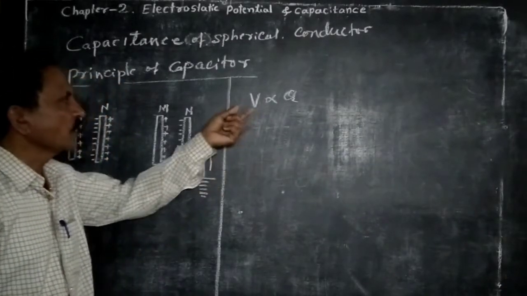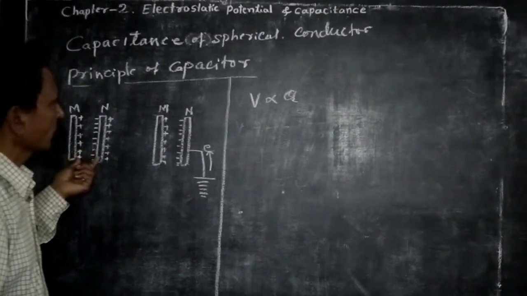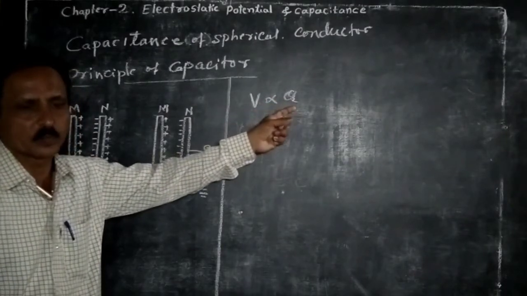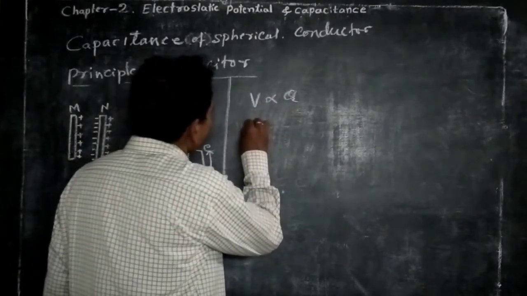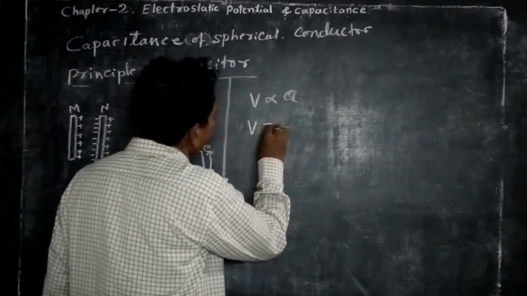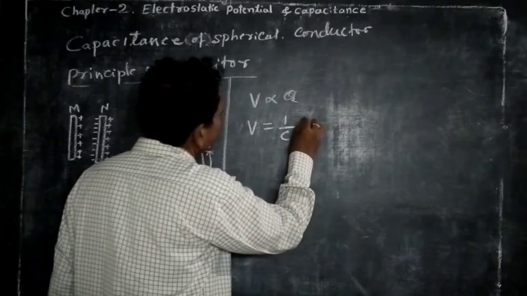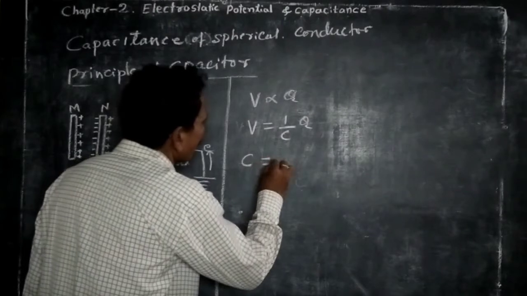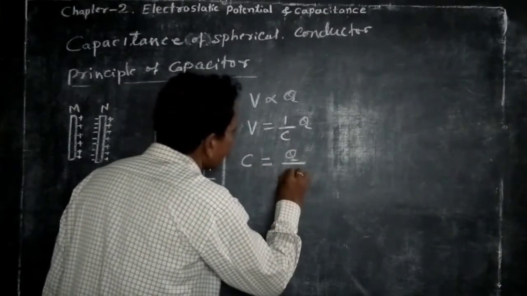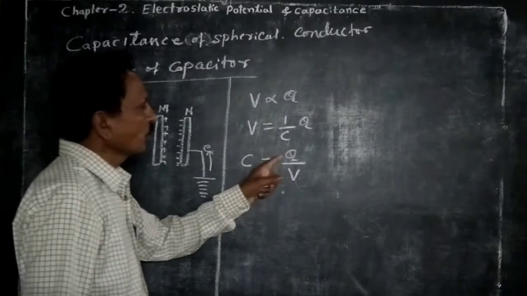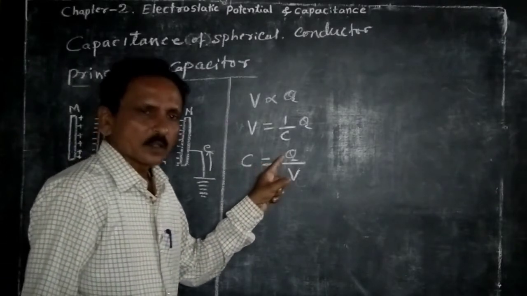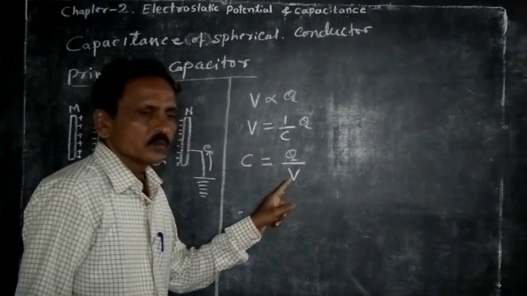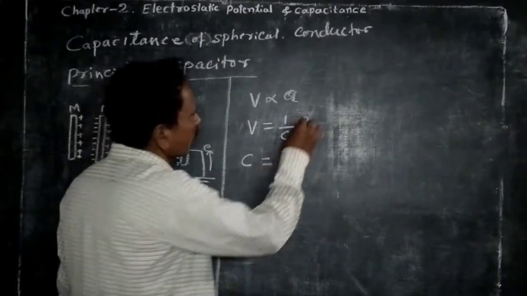The potential difference between the two plates is directly proportional to the charge on the plates. Thus, potential difference phi equals 1 upon C into Q, or C equals Q over phi, where Q is the charge given to the conductors of a capacitor and phi is the potential difference between the plates.